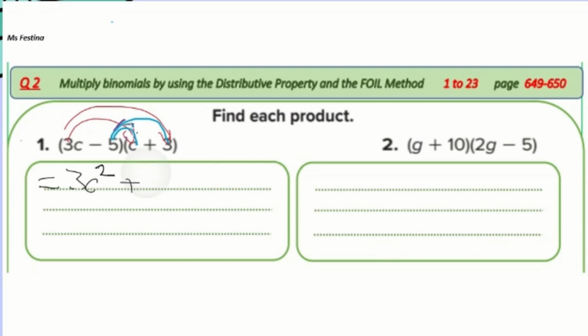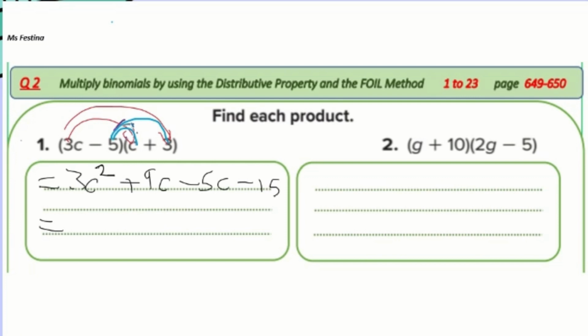So it will give you plus 9c, and then negative 5 multiplied by c will give you minus 5c, and then negative 5 multiplied by positive 3 will give you negative 15. Then we're going to look at whether or not we have our like terms so that we can simplify what we have.